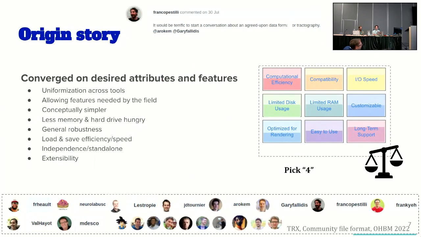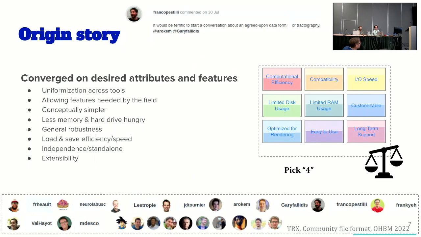So a little bit of the history of this. The file format that we call now TRX or T-Rex, depending on if you're me or Francois, started really in a discussion on GitHub. It actually started in a mailing list, the Neuroimaging in Python mailing list, when the developers of the NiBabel library were contemplating what to do with funding from the Chan Zuckerberg Initiative.